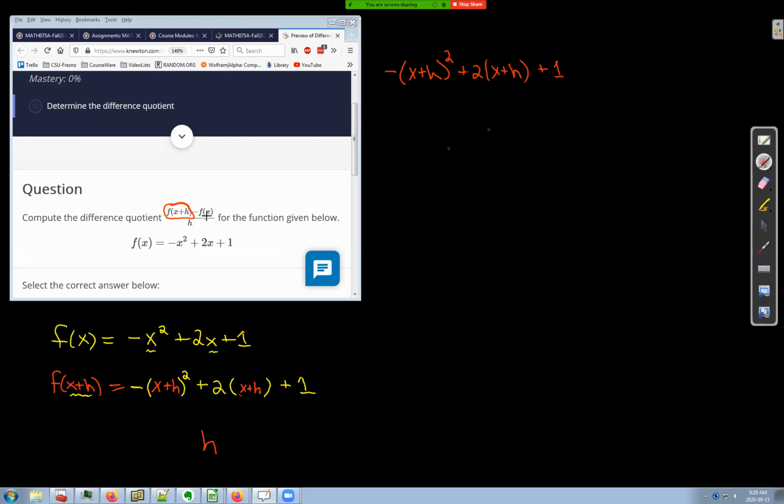And then the next part of the difference quotient was minus f of x. So I have a minus, and then now I'll write this yellow thing. It's negative x squared plus 2x plus 1.